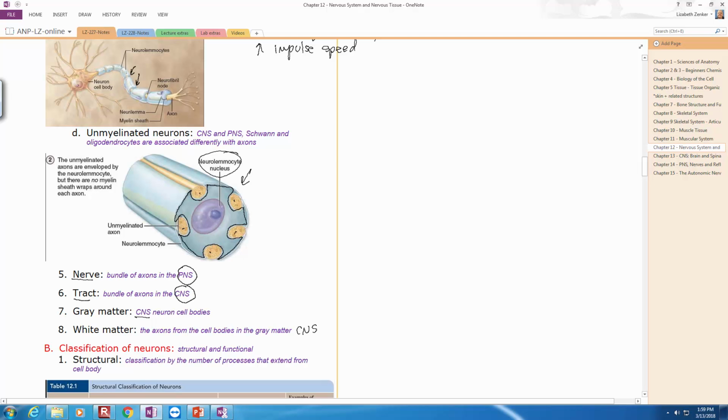The reason white matter is white: we said white matter is the axons, and this is similar to a tract, but a little different. If the axons have myelin wrappings around them, what makes up our plasma membrane, the majority component of a plasma membrane? Because remember, we're talking about the neurolemmacyte here.